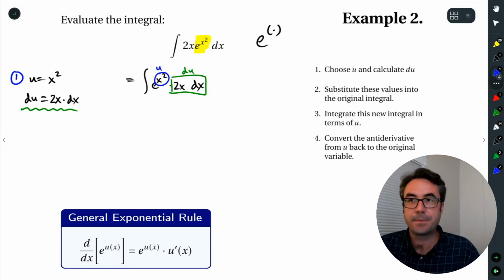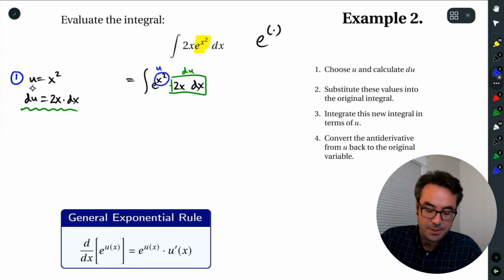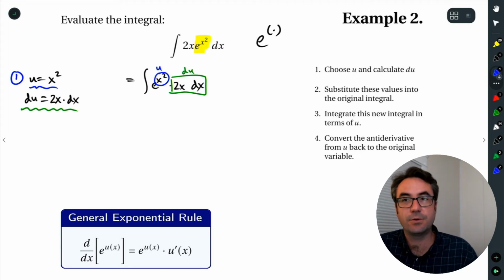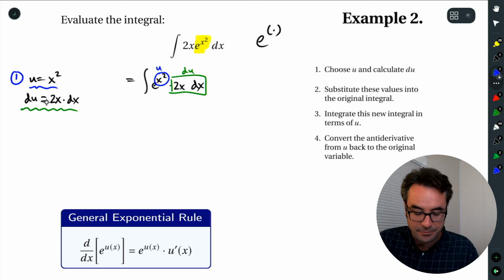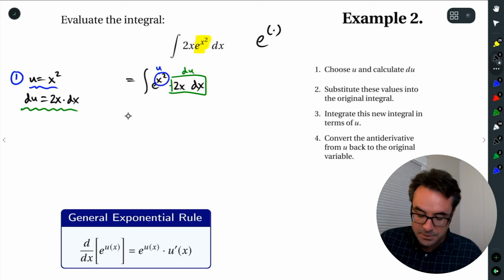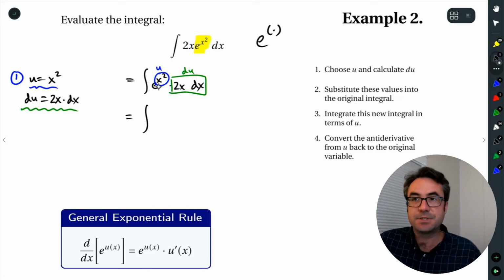So that x squared is going to change over to a u. So when we take our two ingredients from step 1, we substitute them in. Instead of e to the x squared, this is going to become e to the u. And instead of 2x dx at the end, that's going to become du.